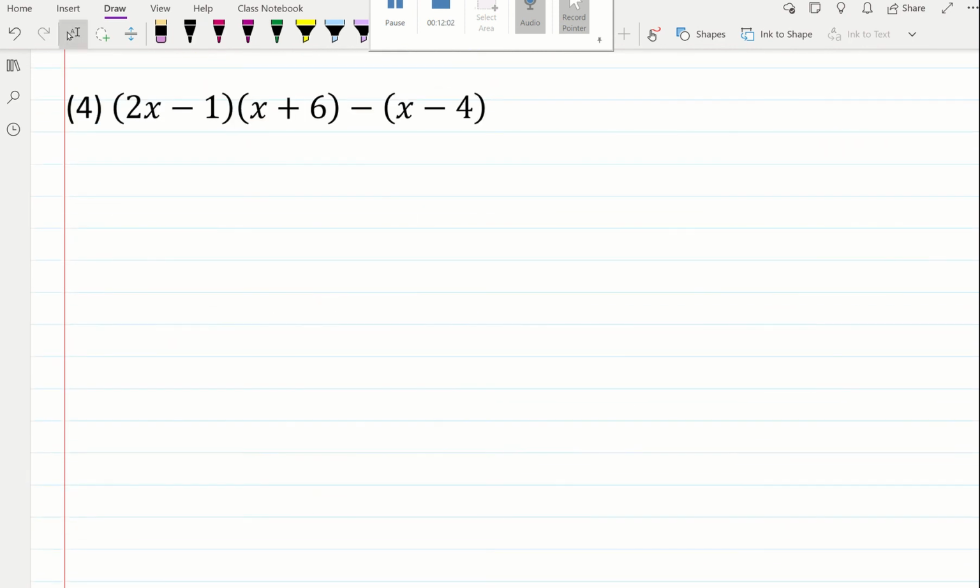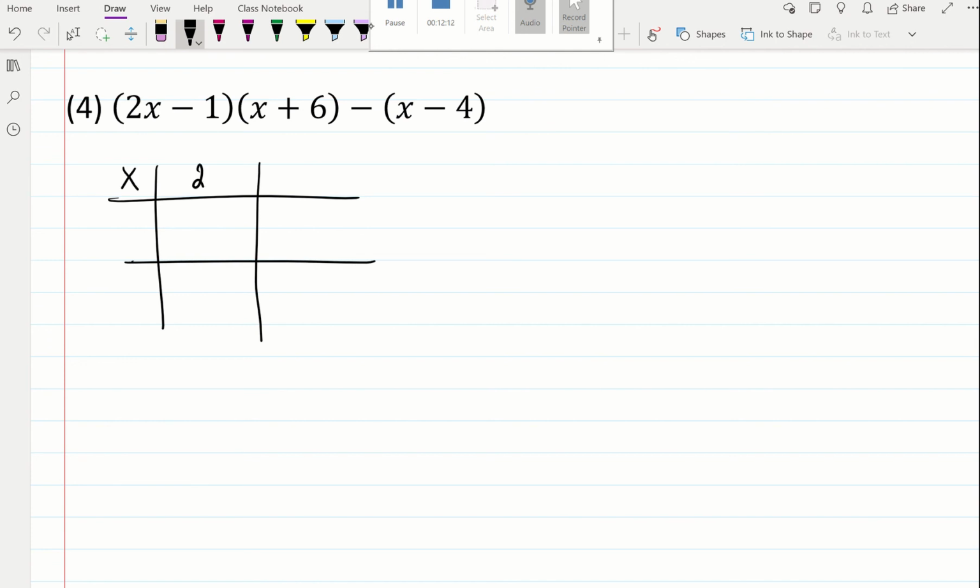Okay, and the final example. We've got our double brackets at the beginning, so that's where the multiplication is. So we're going to multiply the double brackets. (2x minus 1)(x plus 6). So 2x times x, 2x squared.